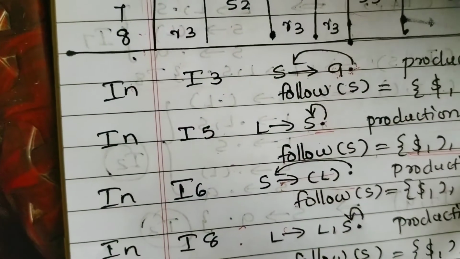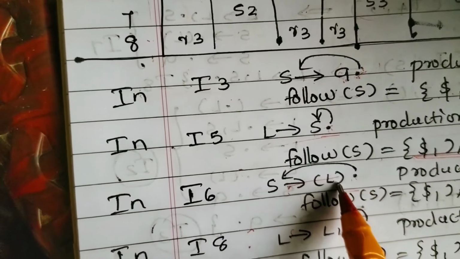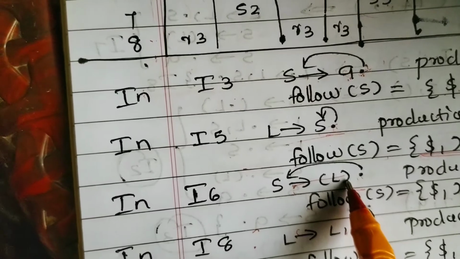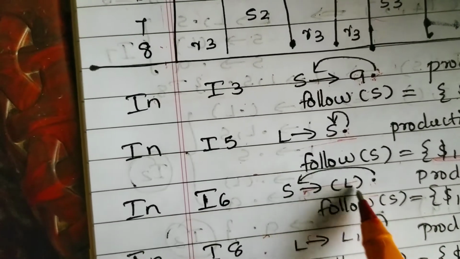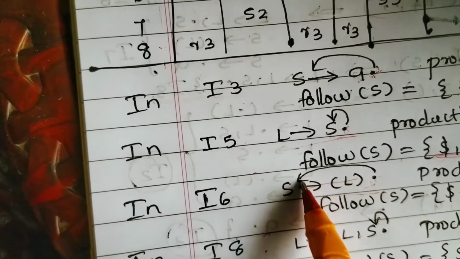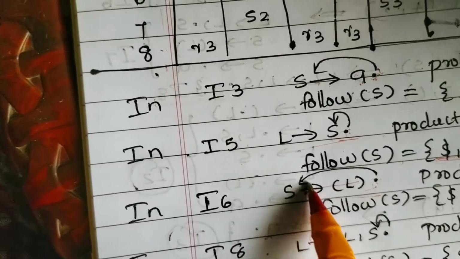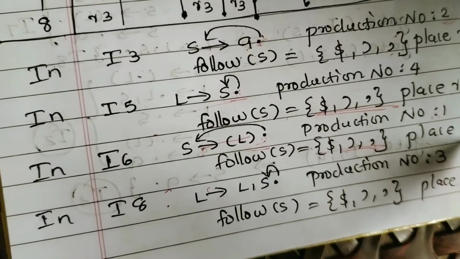It is number 1, the first production. Immediately after the dot there is a terminal symbol. Even though there is a non-terminal after that, we will not consider it. Immediately the neighbor is a terminal, so we will see the left hand side. So it is S. Again follow of S, the same symbols. You have to write R1.